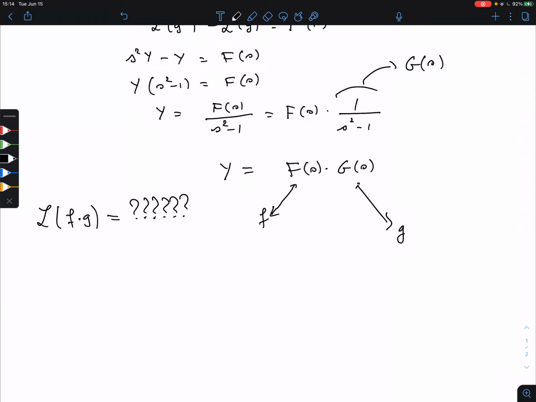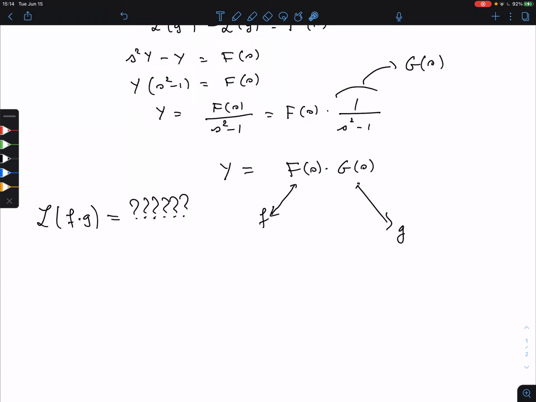If you have to do the Laplace transform of a product of two functions, you cannot just take the Laplace transform of each and multiply. That's not true. Now, we are interested in going backwards, but that comes down to the same problem. If we have a product, it's not true that this comes from f times g, although we know that capital F comes from little f and capital G comes from little g.